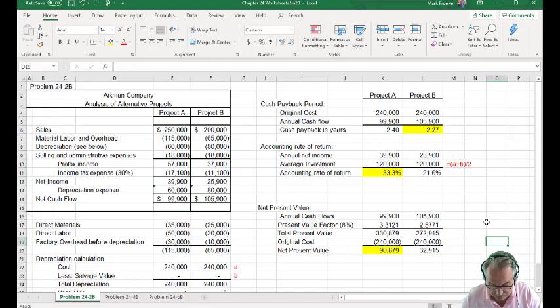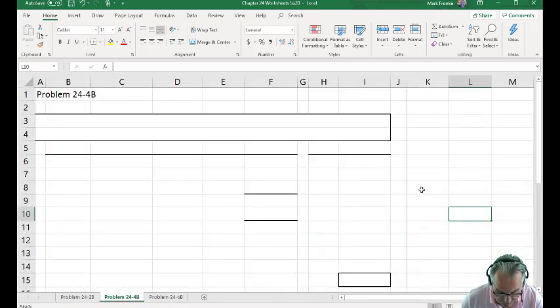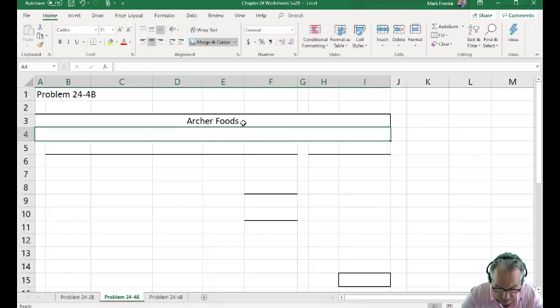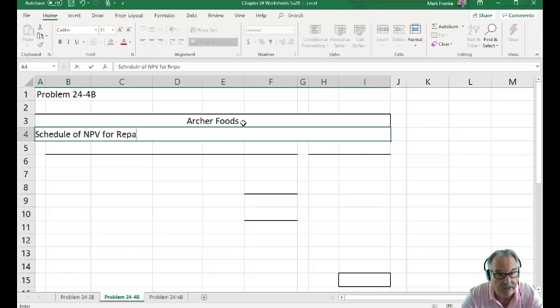So let's look at a situation where we have other cash flows that we can schedule out. This is problem 24.4b, and this is Archer Foods. And what I'm going to do here, this is a schedule of net present value for repairing the freezer.